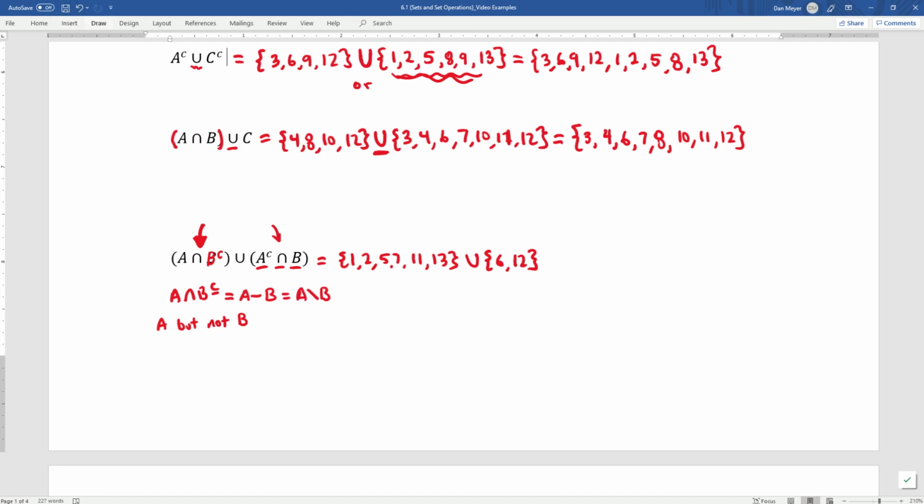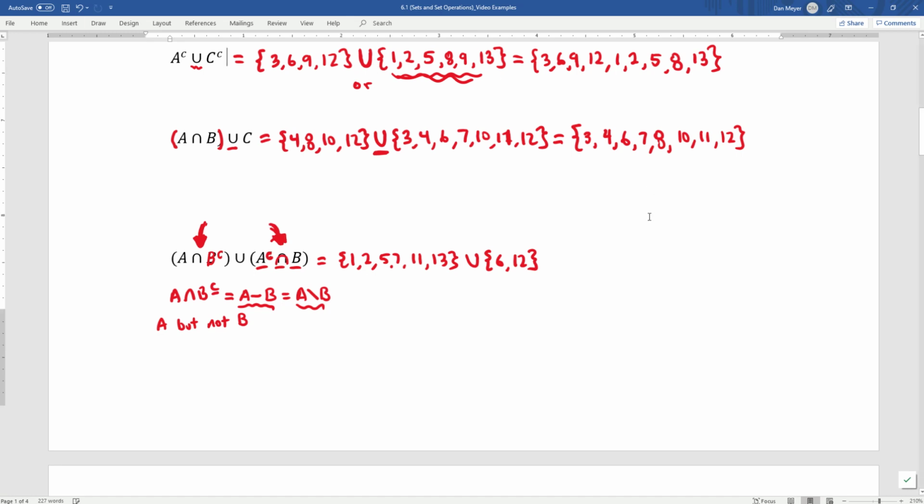It's just an illustration that we can maybe codify this idea with notation and focus on that notation. So if you didn't like the thought process that we were doing for this first set, if you prefer the thought process that we were doing with the second set, that was more focused on the individual operations, the complement and the intersection, go with that second thought process. The second thought process is the one that's more universally applicable.